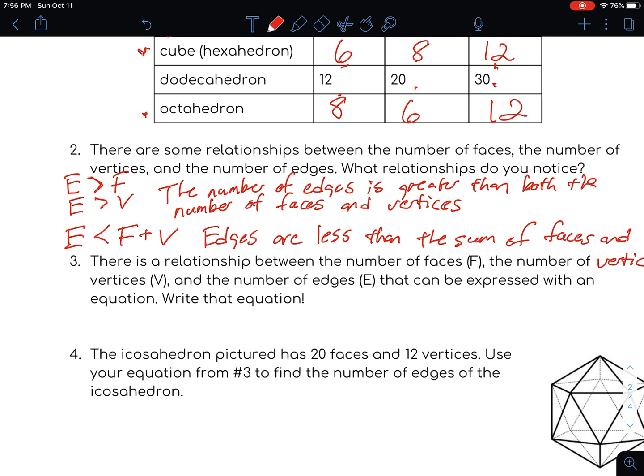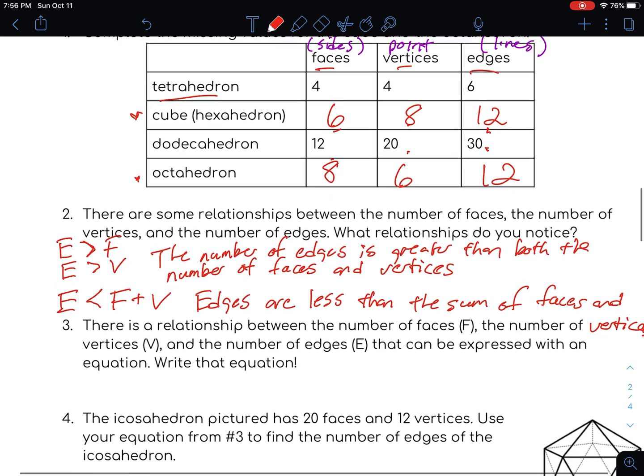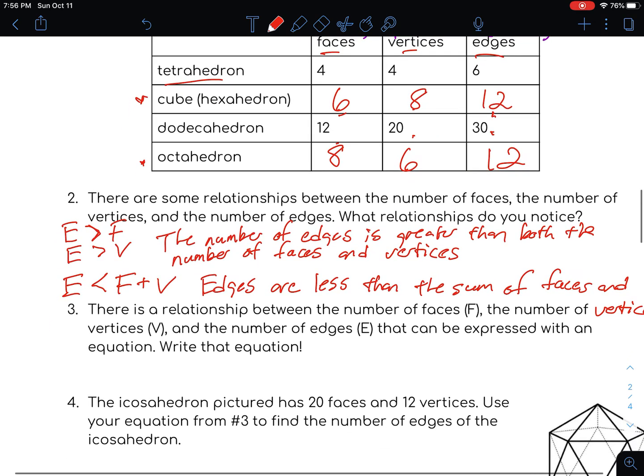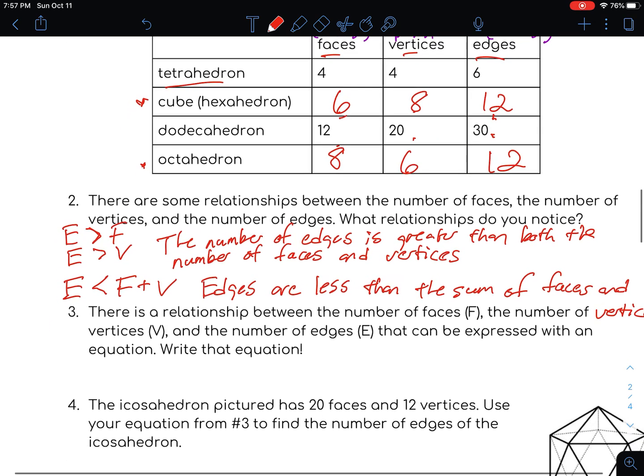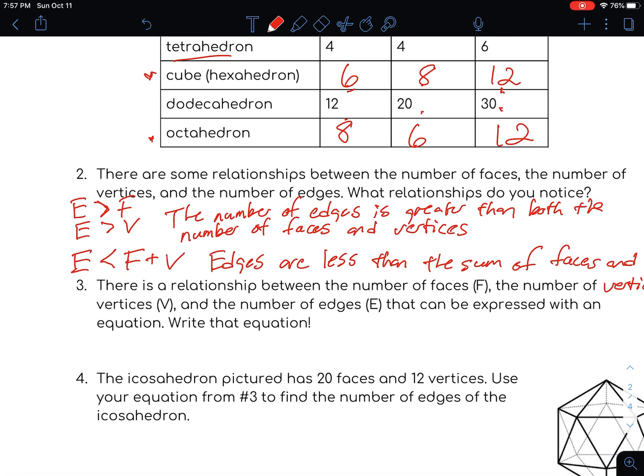All right, number 3. So there is a relationship between the number of faces, the number of vertices, and the number of edges. Besides just that one is greater than the other or some is greater, there actually is an equation. Have you noticed an equation, a relationship between faces, vertices, and edges that always works for each one of these? If so, write that equation.